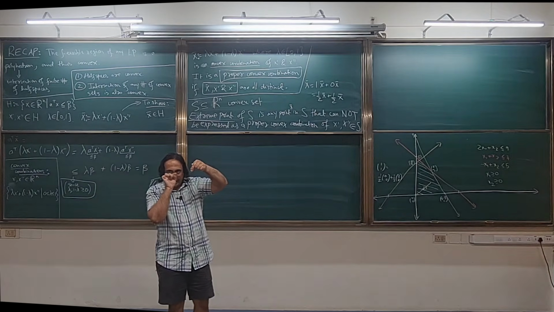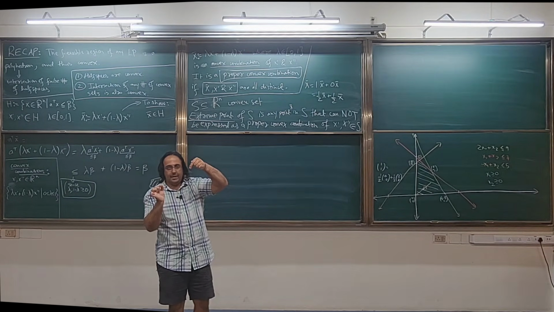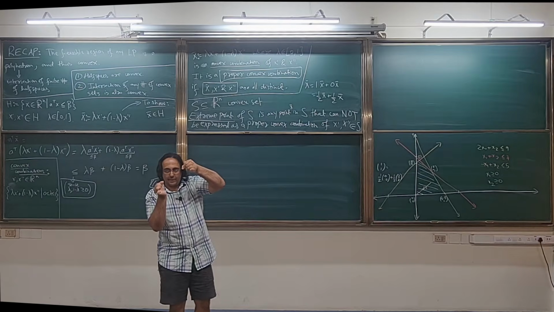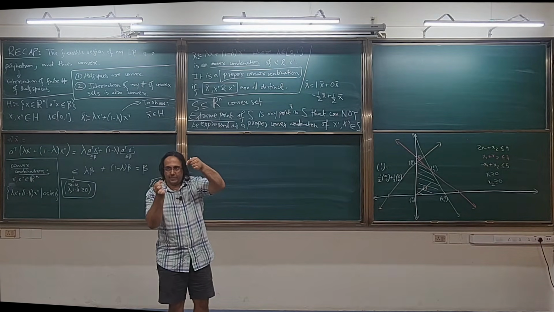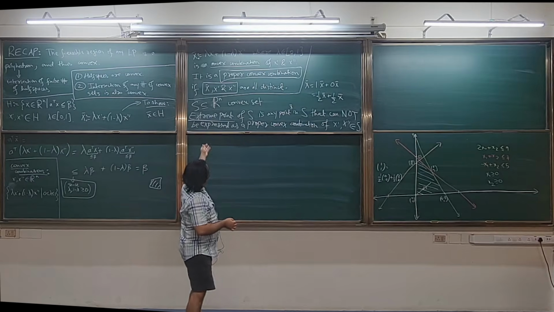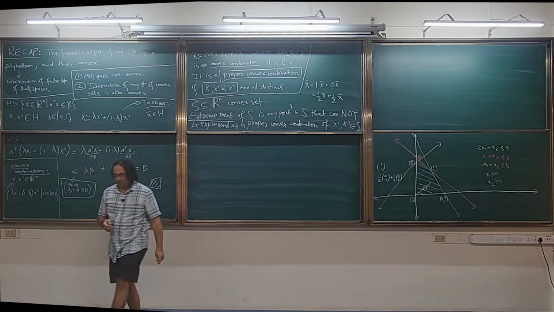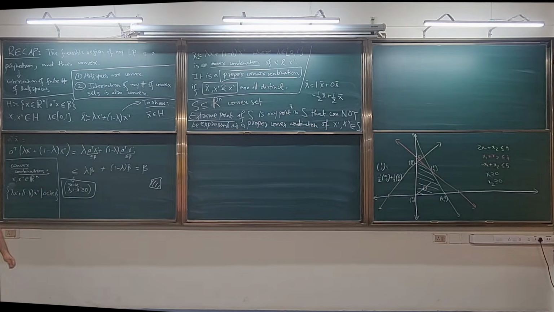That point has to be in the interior of the line segment, it cannot be an end. And the entire line segment has to be in your set S. That is what it means to not be an extreme point. This is just the formal way of writing that. So this is very geometric.